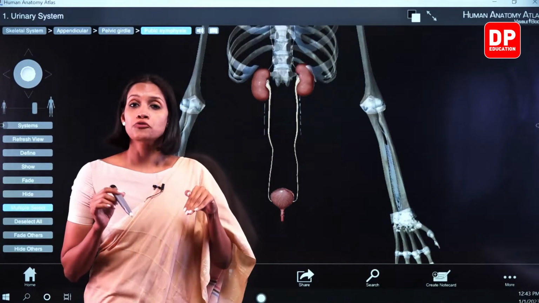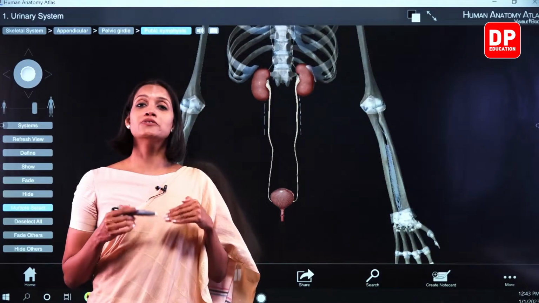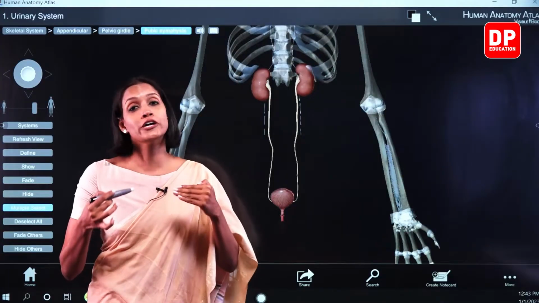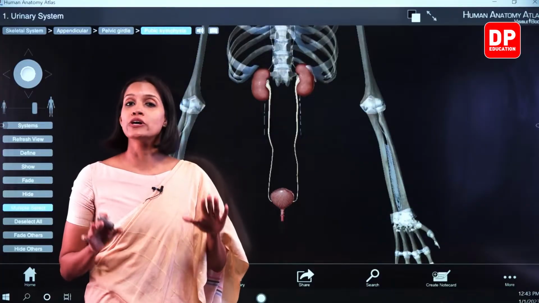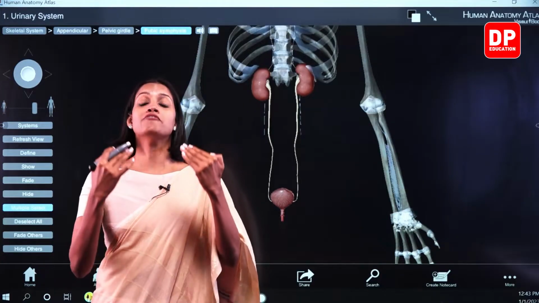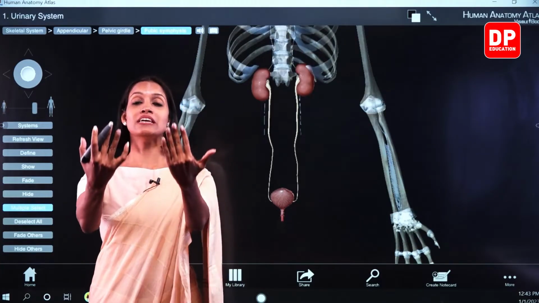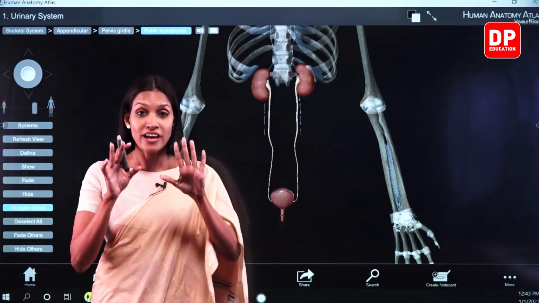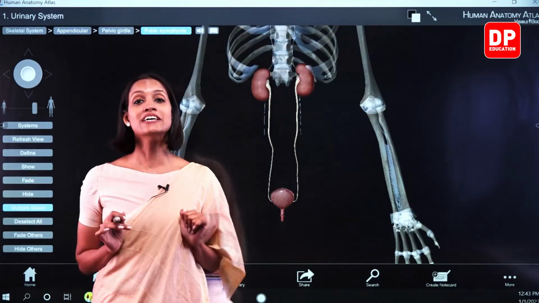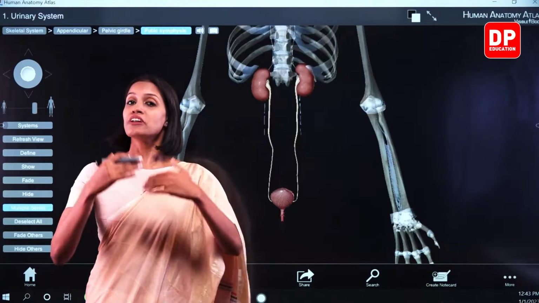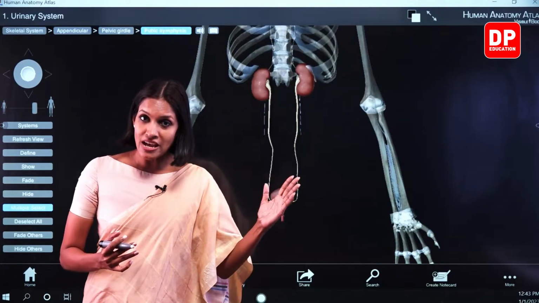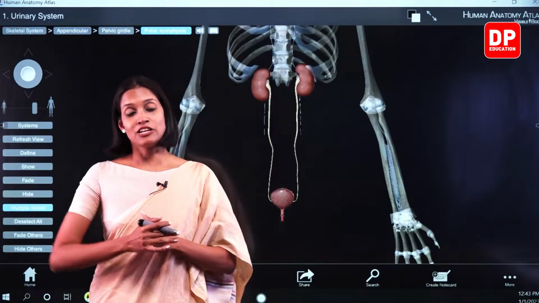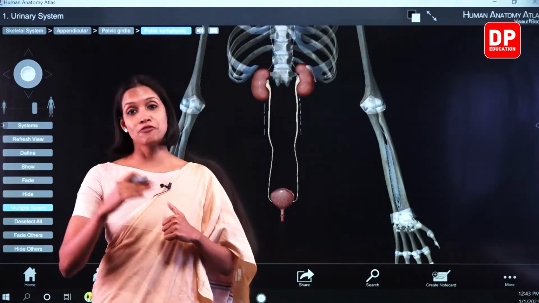Remember, from this lesson onwards, you are going to start to learn about the human organ systems. Whenever we learn about the human organ systems, you have to imagine that a human is facing towards you and we are studying that human's systems. So if another human is facing towards you, your left side is that person's right side. Your right side is the person's left side.